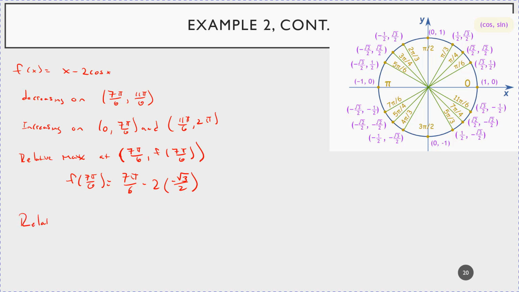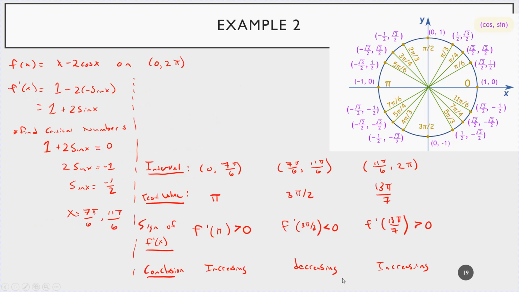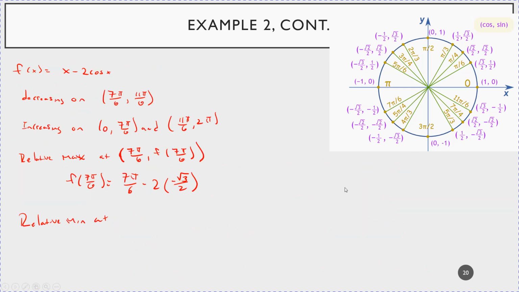And then we have a relative min at, well look, it's decreasing and then it's increasing. It changes from decreasing to increasing. So that happens at 11 pi over 6 is where that change occurs.